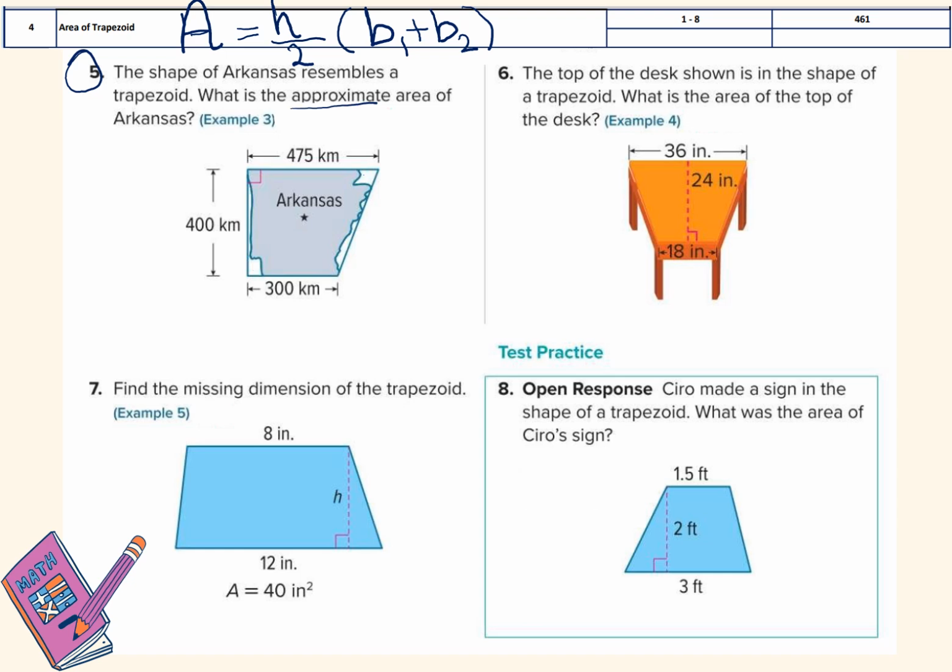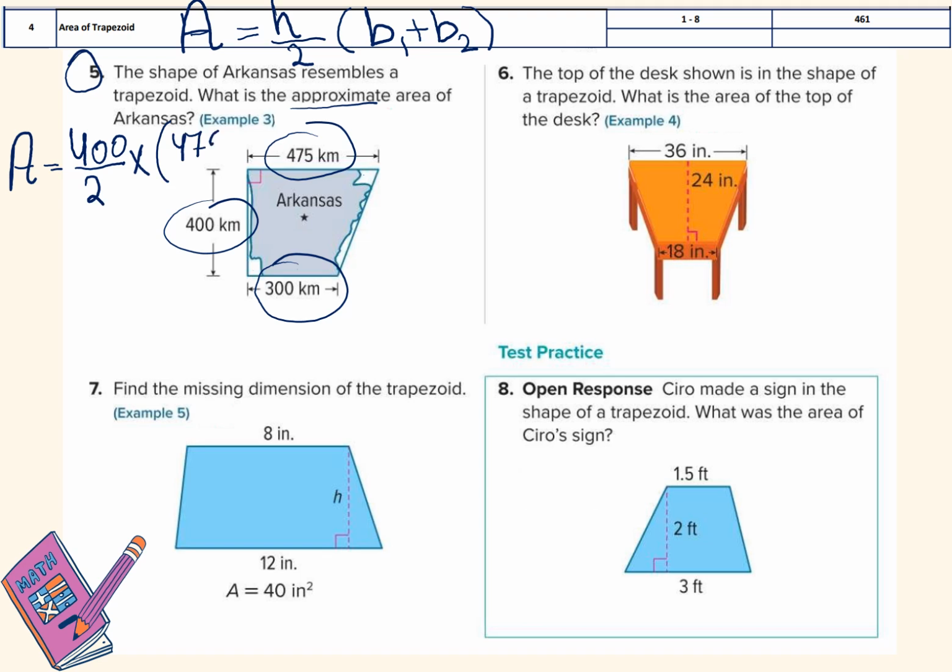So as you see here, the first base is 475, and the second one is 300 kilometers. The height that is perpendicular to both bases is 400. So I'll start applying the formula. The height, which is 400 divided by 2, times the sum of the bases, 475 plus 300.